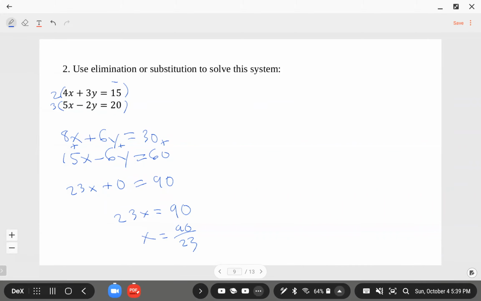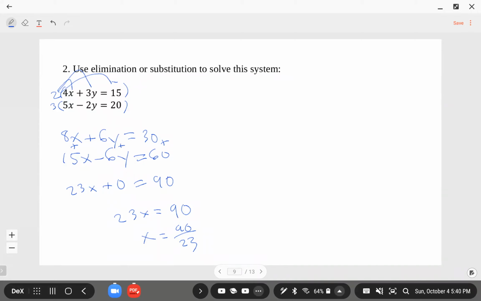Always remember you have to multiply every term, like the distributive method. Just multiply every term in the parentheses by 2.